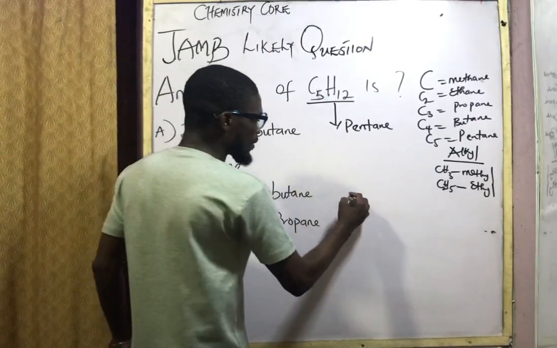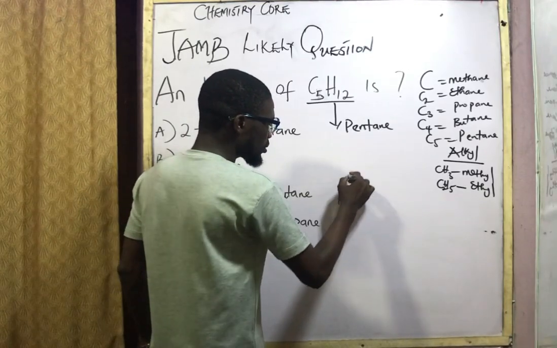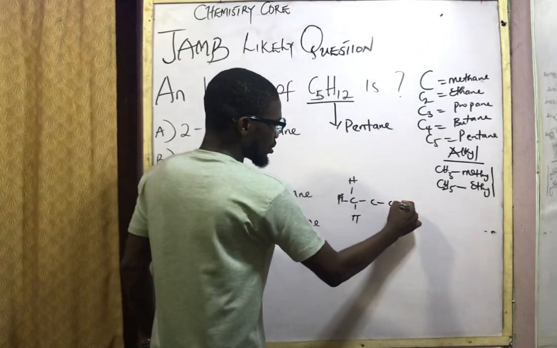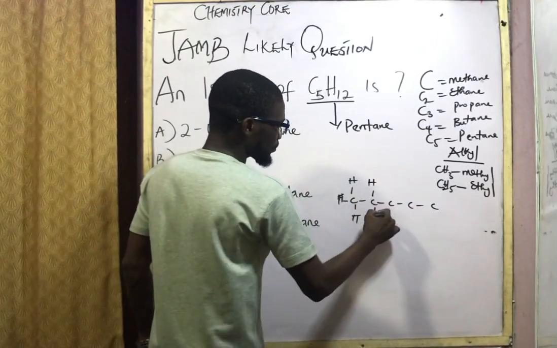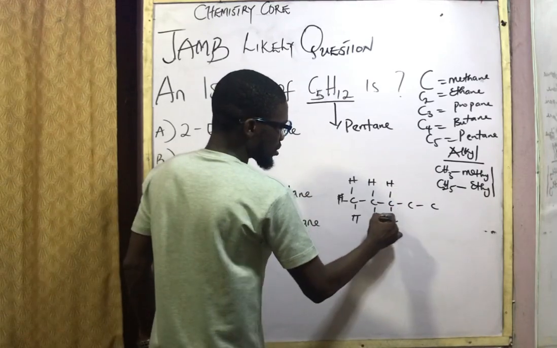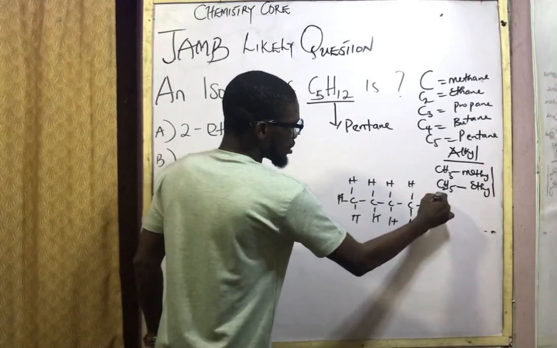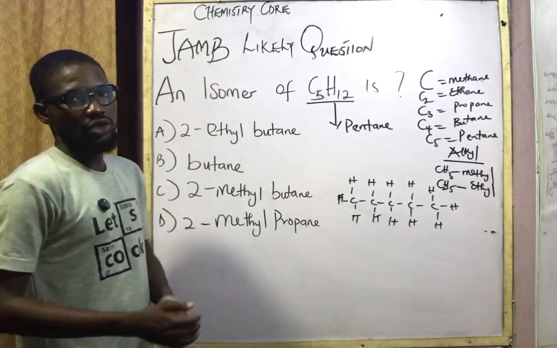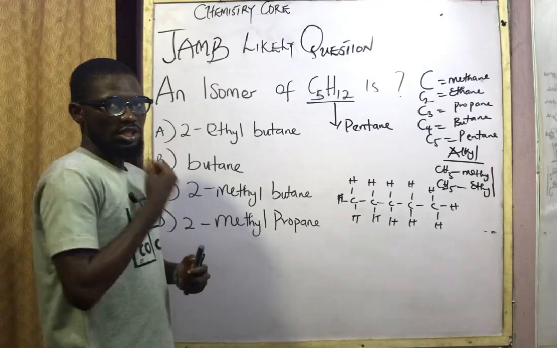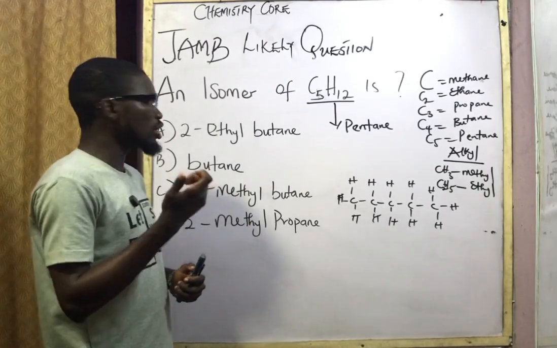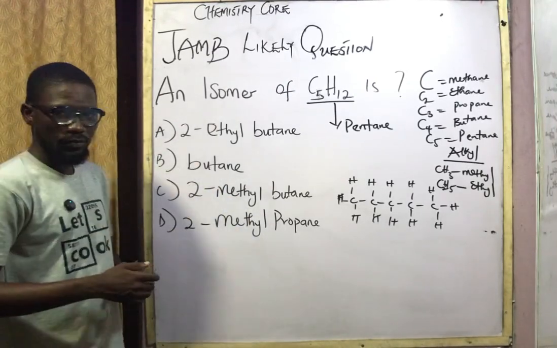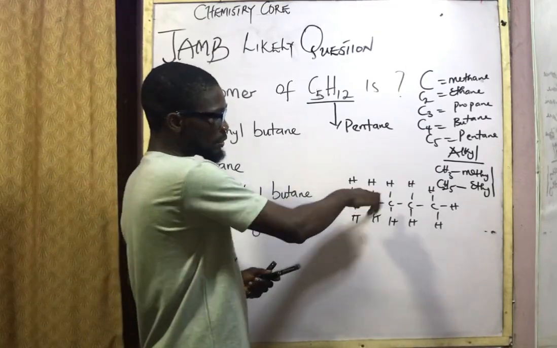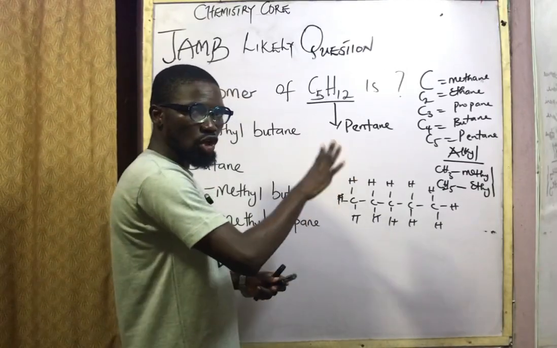With that, we have 5 carbon atoms: 1, 2, 3, 4, 5. So we have this. This structural formula will help us to deduce the isomer we are asked to look for. From the options, we have 2-ethyl butane. Now, if you have to deduce your isomer from this compound, here is the open structural formula.